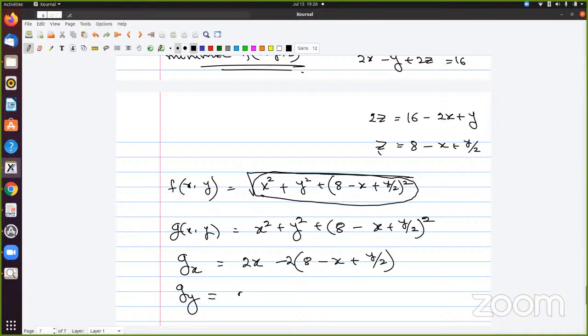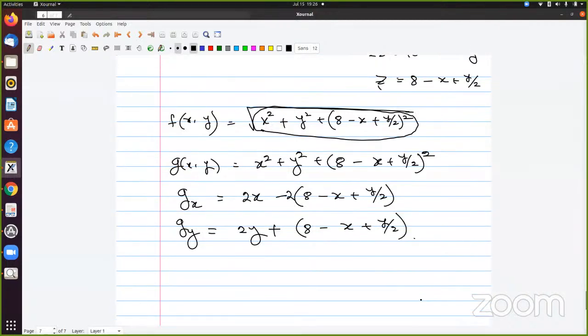And what is gy? 2y, and the 2 and the half will cancel out, so eventually it will be like this. Now you should equate it to 0, and you can find your x and y. Once you find x and y, you can find your z also.